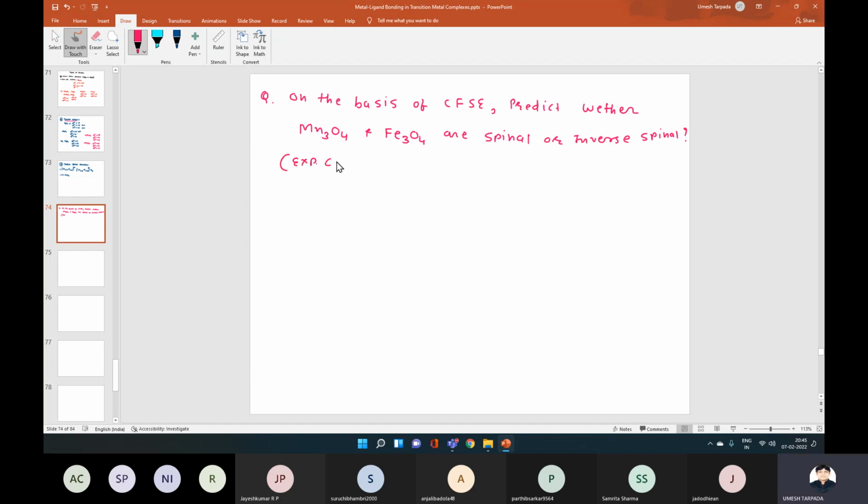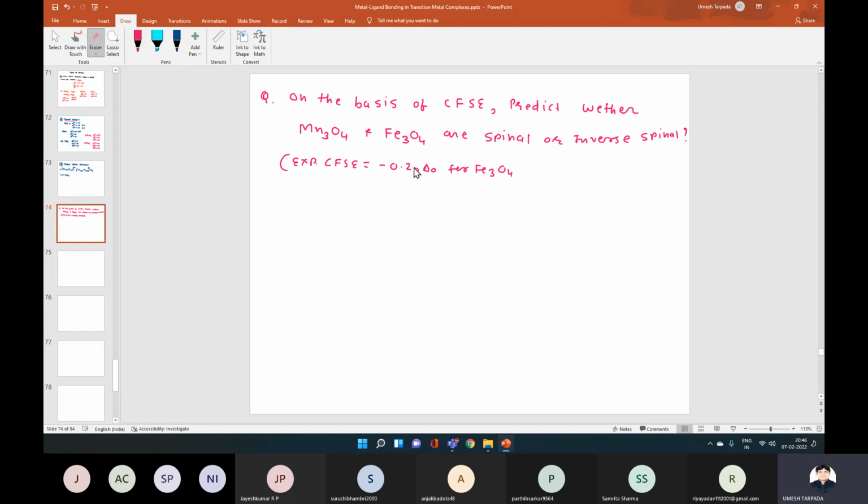The experimental value of CFSE is given. For Fe3O4, you will be given the experimental value, it's minus 0.26 octahedral splitting. In a similar way, another case will also be given to you. Sorry, it's minus 0.4 octahedral splitting. This is given to you.